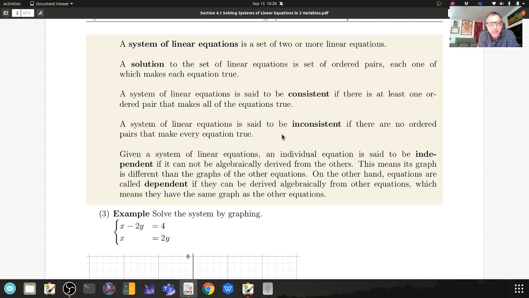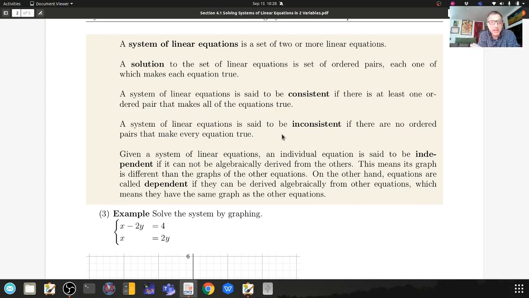A system of linear equations is said to be, and here's the defined word, consistent if there is at least one ordered pair that makes all of the equations true. For our case, all of the equations will just be two equations. A system of linear equations is said to be inconsistent if there are no ordered pairs that make every equation true.